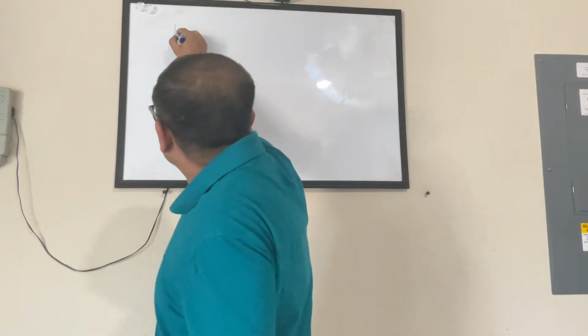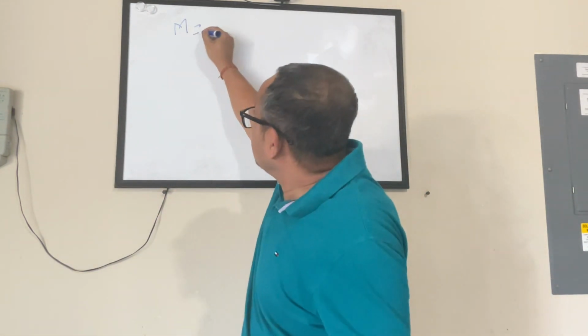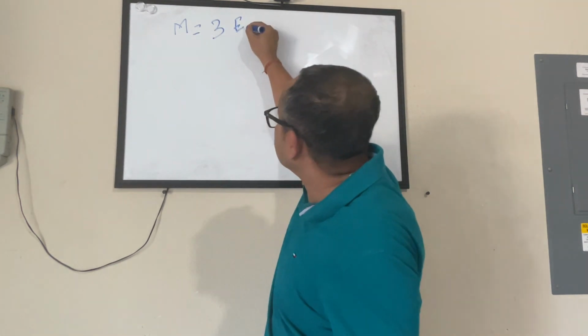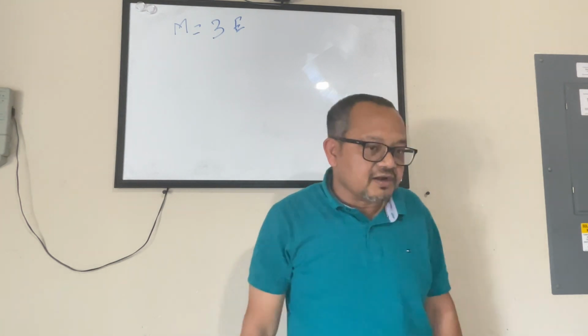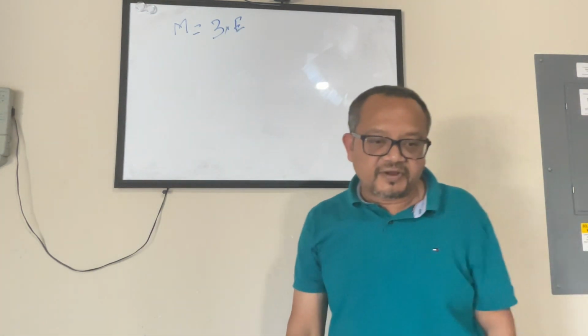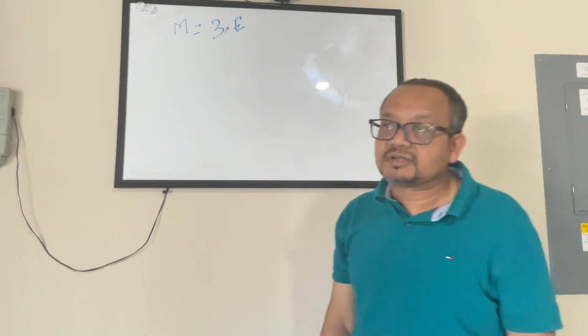Let me say M for my age is 3 times my elder daughter's age. Let's say my elder daughter's age is E. Okay, fine. This is one equation I understood from the question.